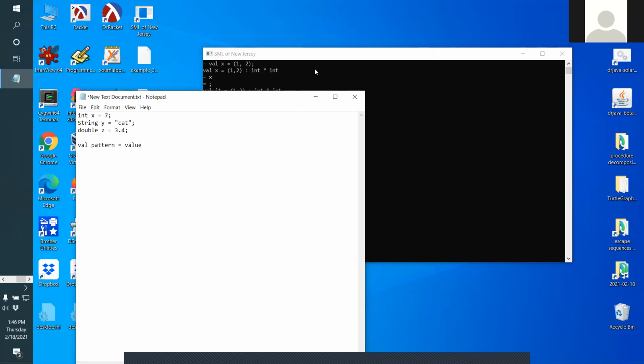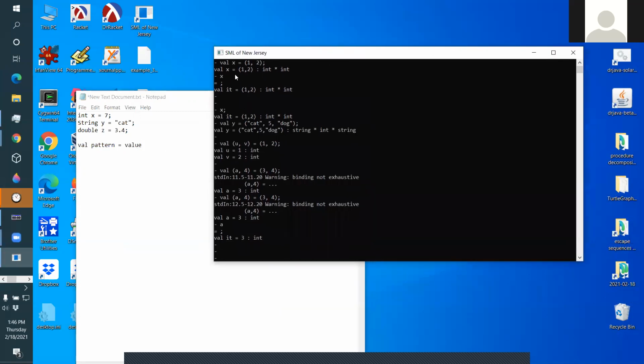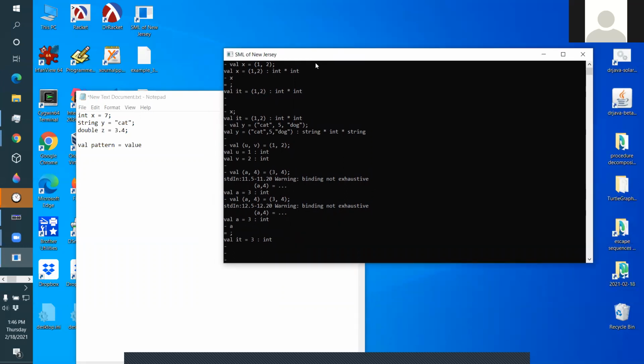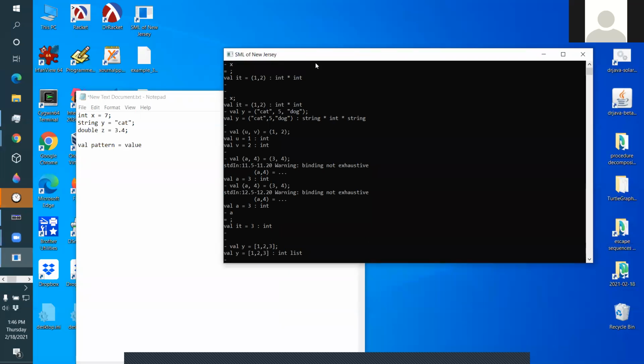If you put a single variable on the left, it matches any value. So we say that a variable matches any value. So if I say something like val y equal the list 1, 2, 3, well, y is a variable, it'll match any pattern.